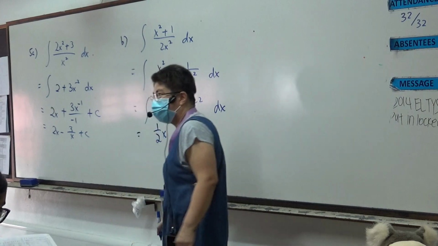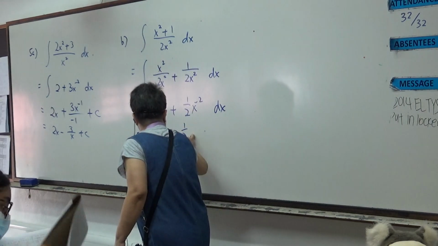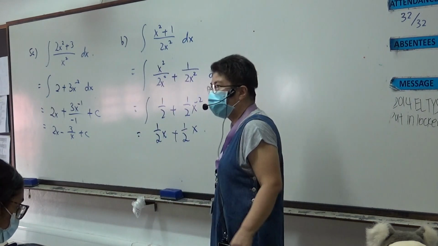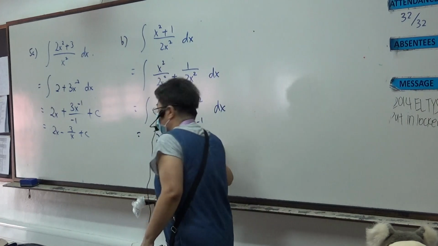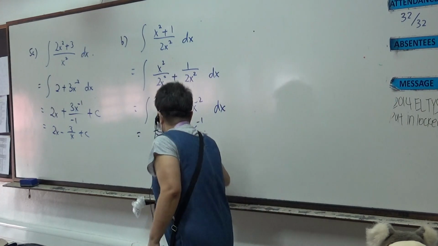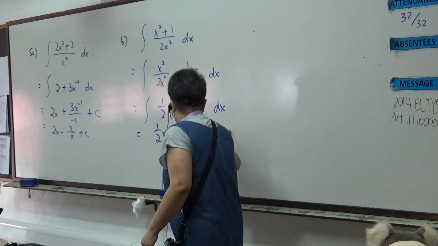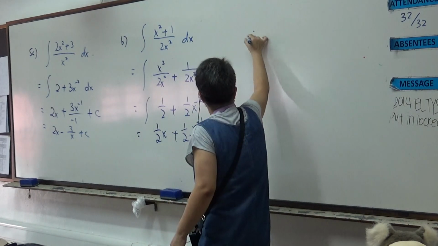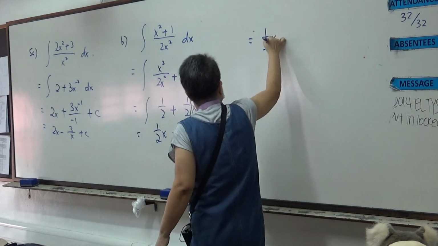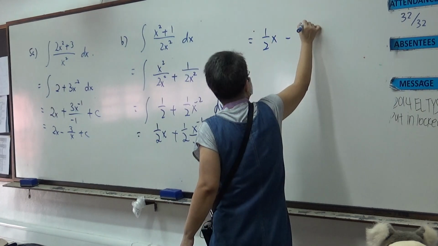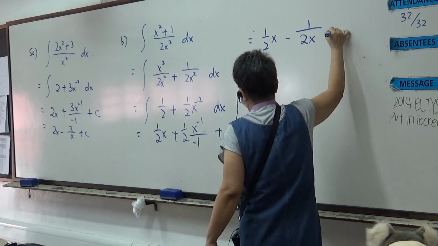Half x, right? Then plus half x what? Minus 1 over minus 1, right? Correct now? Plus c. What's the final simplification? Half x minus 1 over 2x plus c.